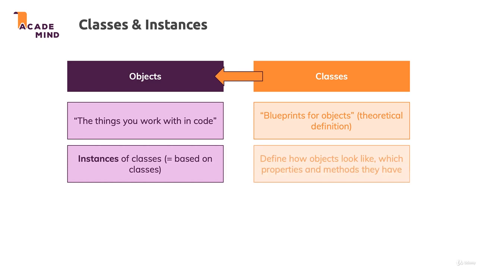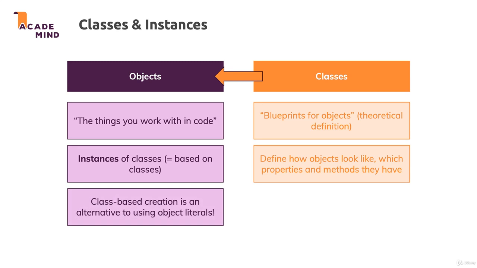And therefore a class is just a definition of how the object looks like, which properties and methods it has, the place where we store our logic, and then the object is the concrete thing we build based on that class with which we work in our code. So this class-based creation, which I'll show you in this module, is an alternative to using object literals. It's not always better.